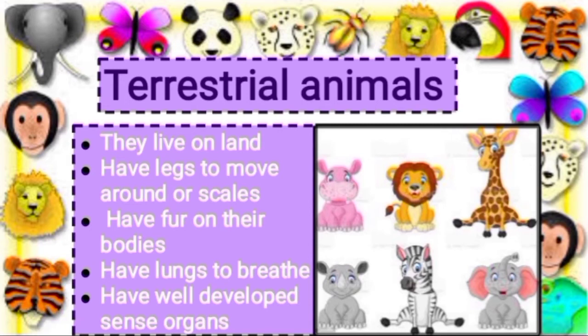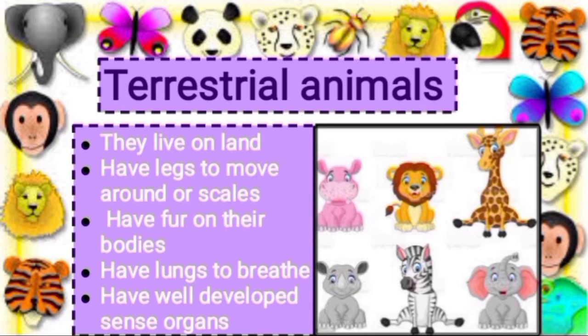These animals have features suitable for life on land, and they have legs which help them to walk on land, and most of them have lungs as their breathing organ. And climatic conditions may vary from place to place.